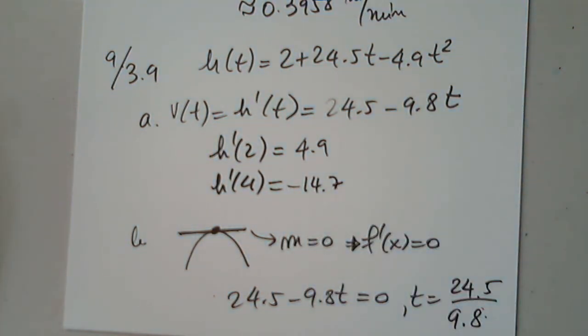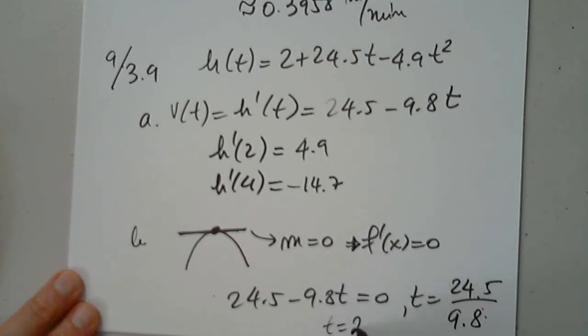And now I also want to divide 24.5 by 9.8. Oh no, 24.5. I thought I did click. Divided by 9.8, but apparently it didn't take it. Okay, so 2.5.